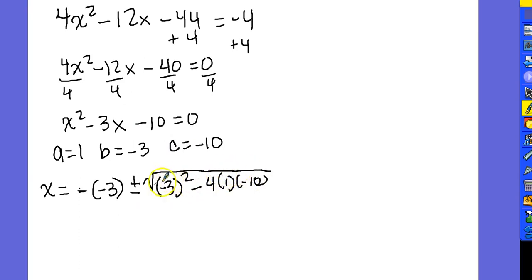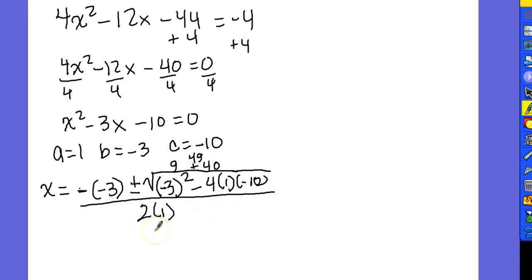See some of you going, I'm getting my calculator. All over 2 times 1. Okay, I don't know what you do, but I tend to work right here before I move on. So this would be 9, right? Plus 40, right? Which is 49.